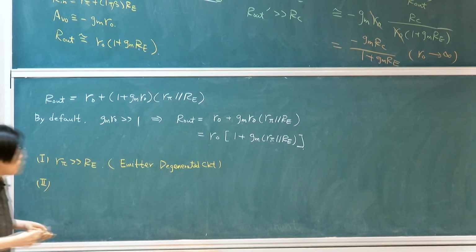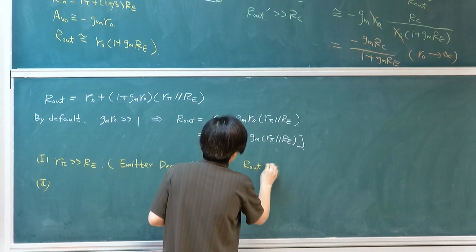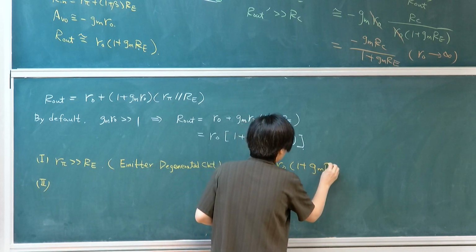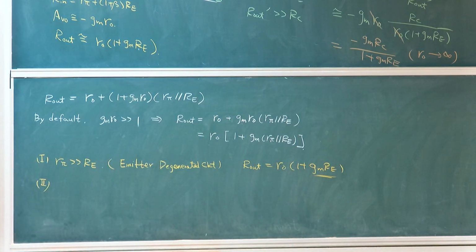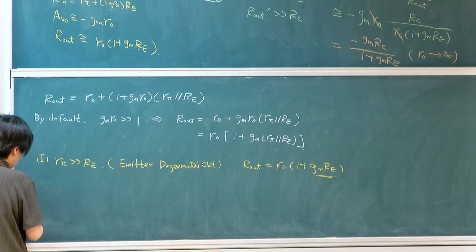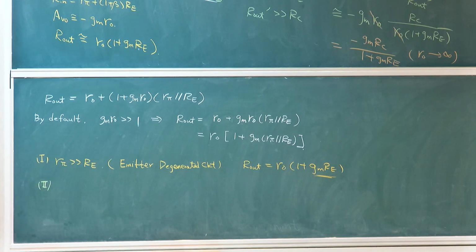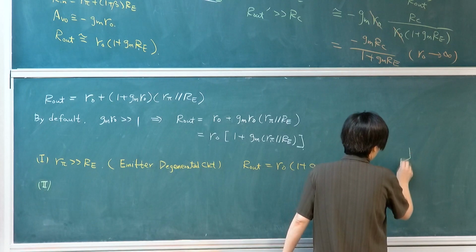You add a small resistance. Then the output RL, as I said, will be RO being boosted by GMRE. You're going to see this term a lot. This is the feedback coefficient. So another scenario is this. We'll see this when we stack transistors. For example, this will happen when you do this.